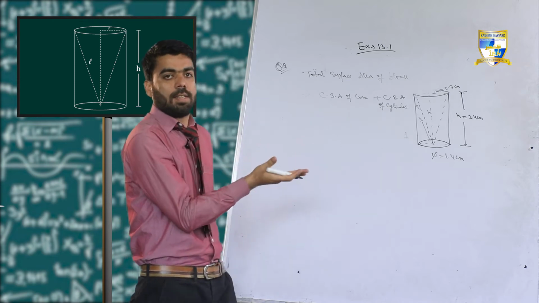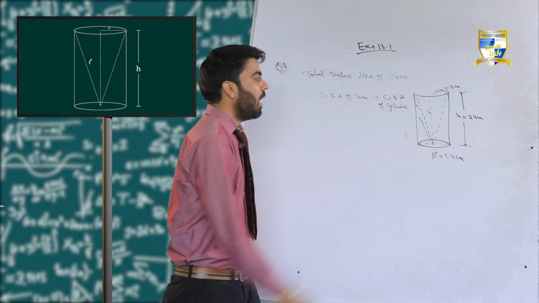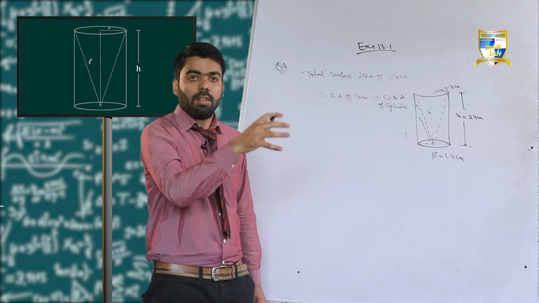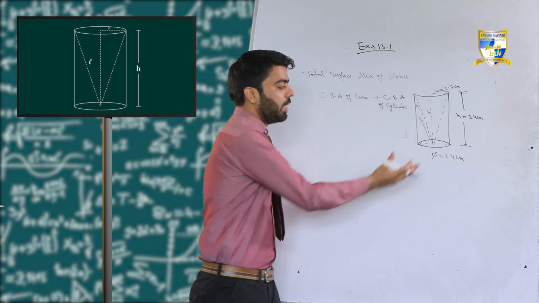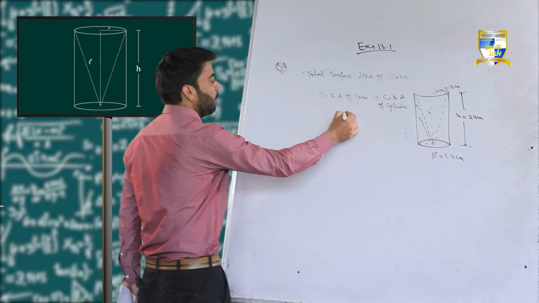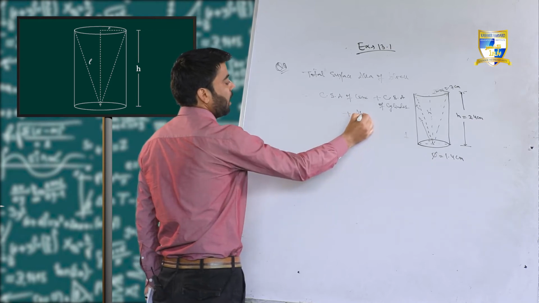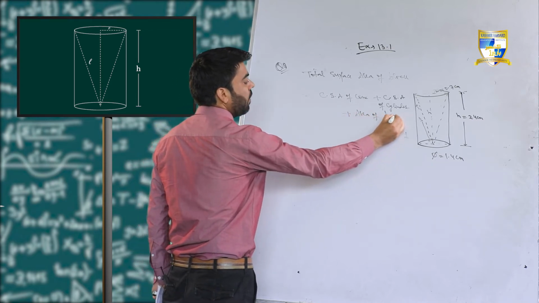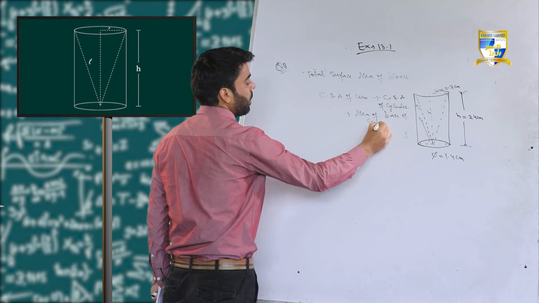That's the base circle, and at the top it's empty, so we will not take that part. It will be plus the area of the base of the cylinder.